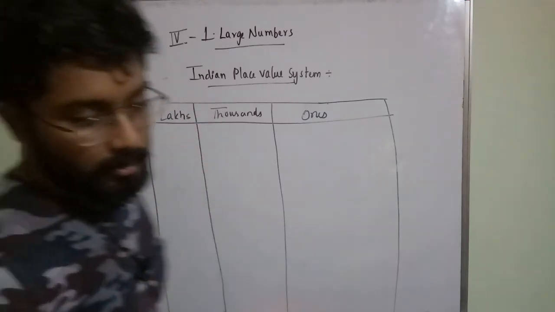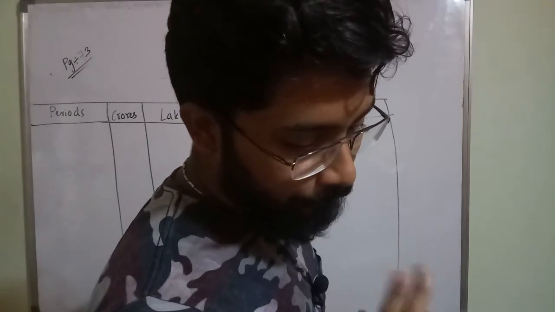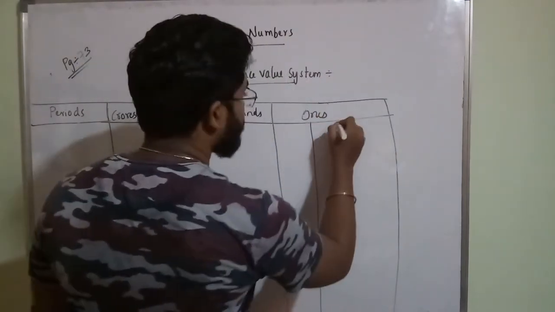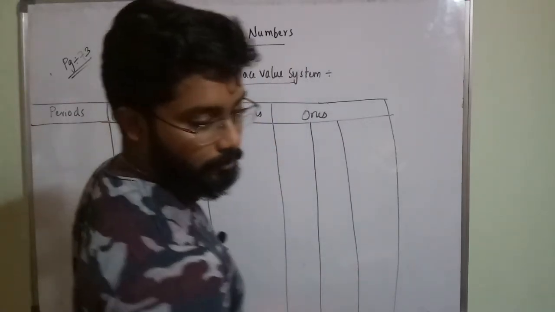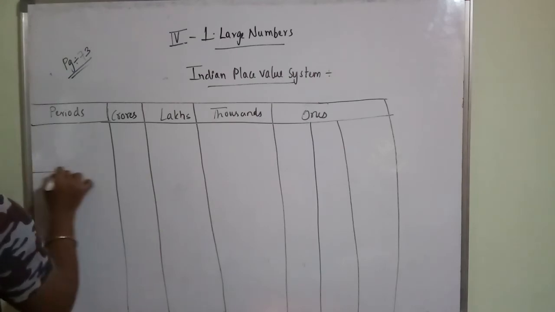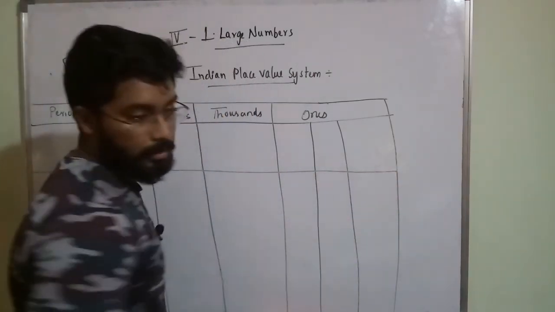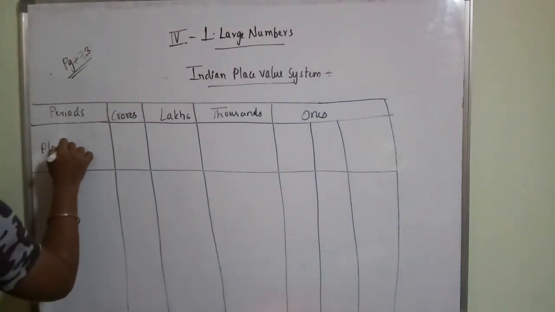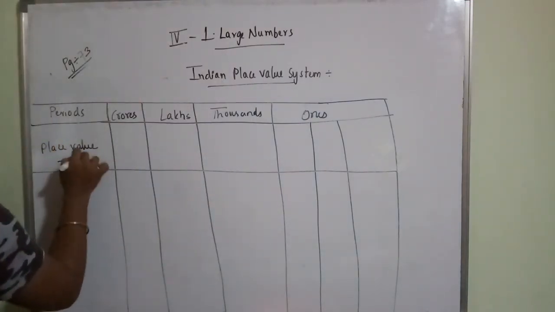In the ones period, how many are there? There are 3 digits, no, 3 places. What are they? Let us see. He has given the place value here.